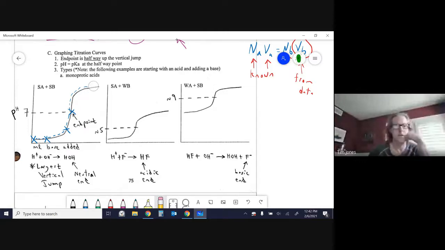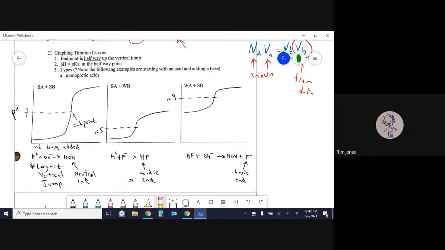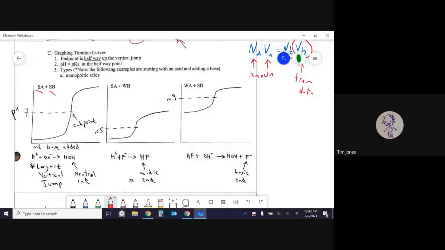Now I want to take a look at these different versions. If you have a strong acid and a strong base, strong acid H+, strong base hydroxide, they are going to perfectly neutralize each other. They're going to make water.